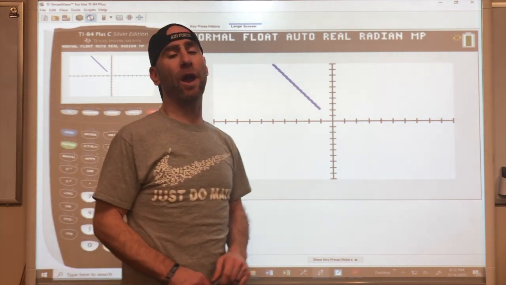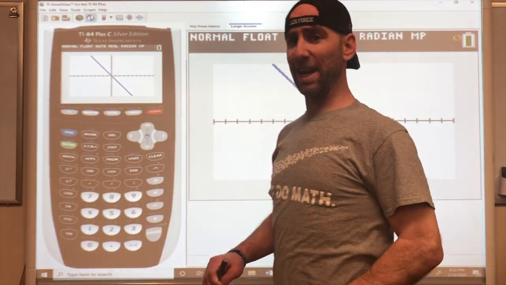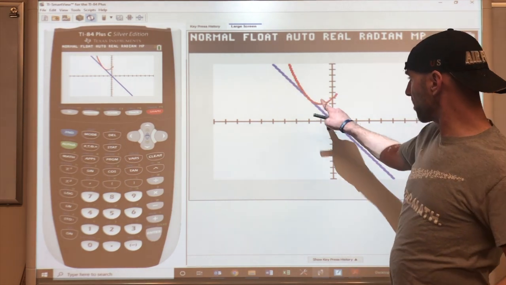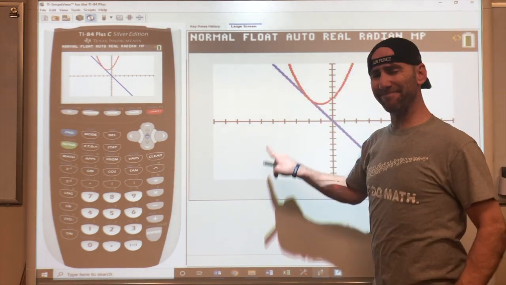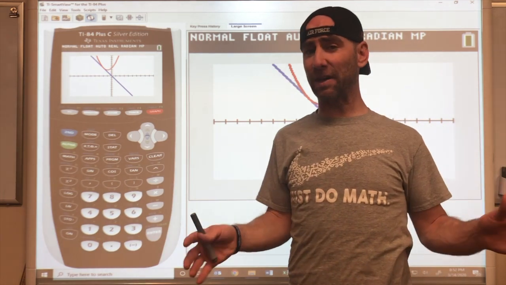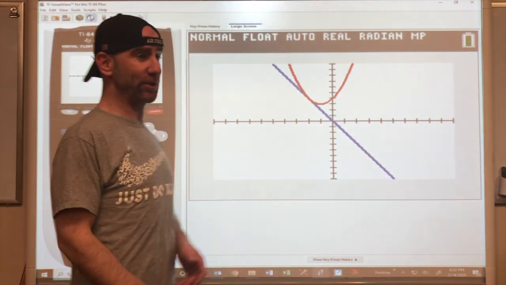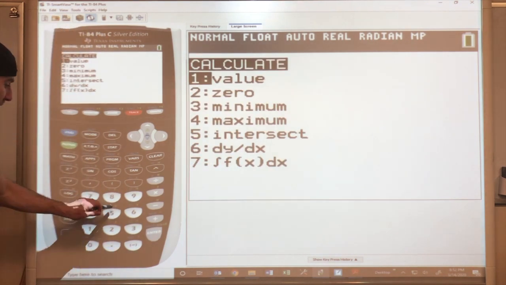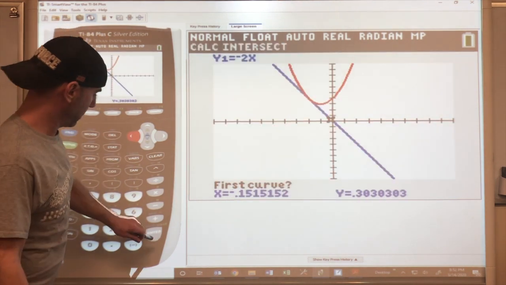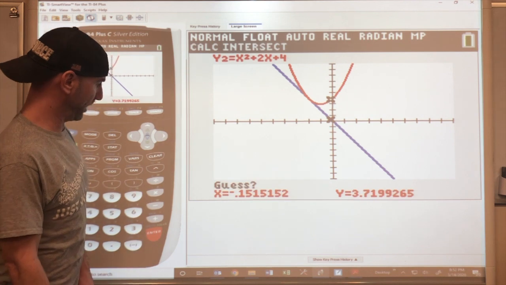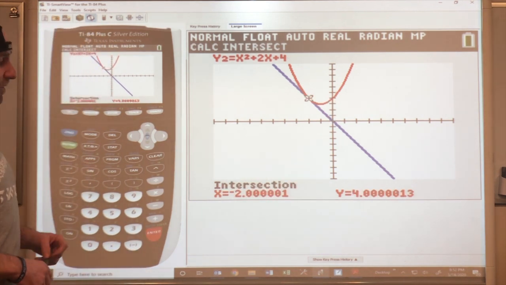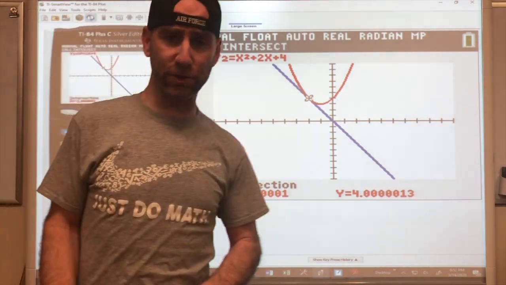Okay, so graphing these 2 is going to give us a problem. It's hard to tell what's going on there. So first, let's see if there is a solution. So second trace, trace number 5, enter, enter, enter. Okay, so there is a solution.